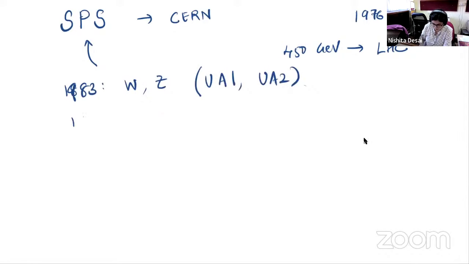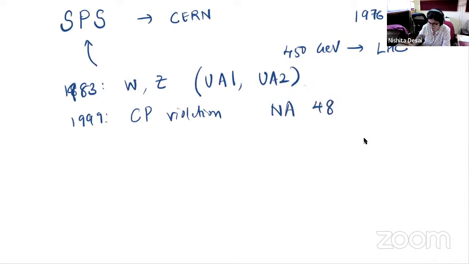And in 1999, SPS also discovered CP violation in an experiment called NA48. So we know about CP violation from Madame Wu's experiments, but this was an independent measurement of that.